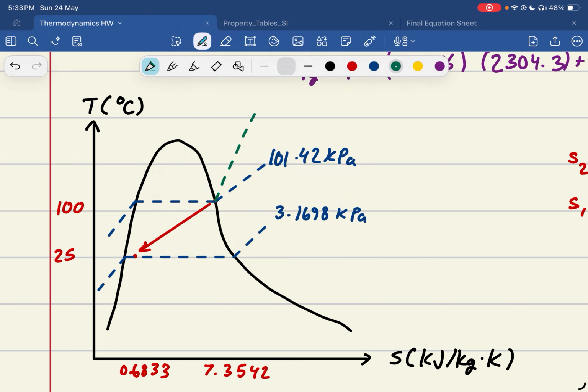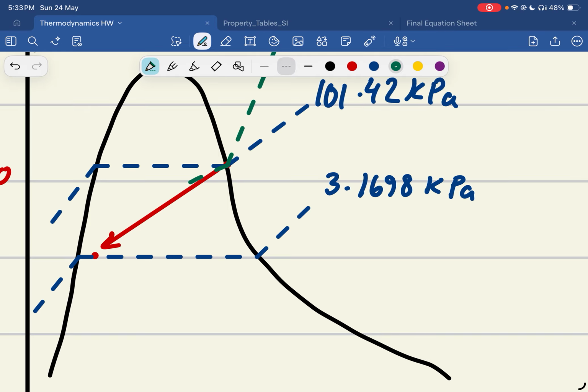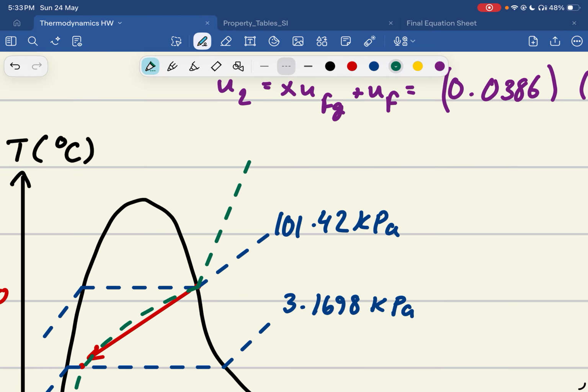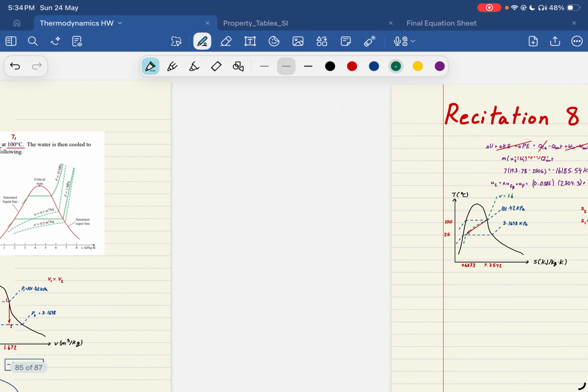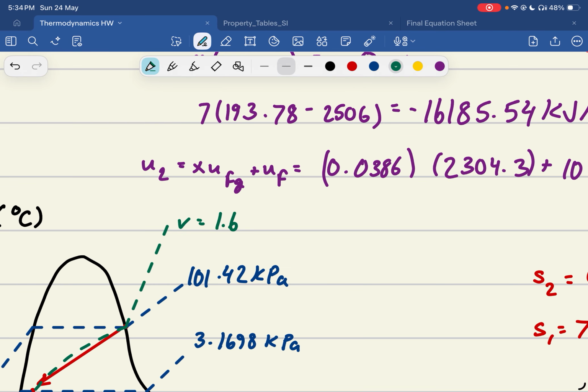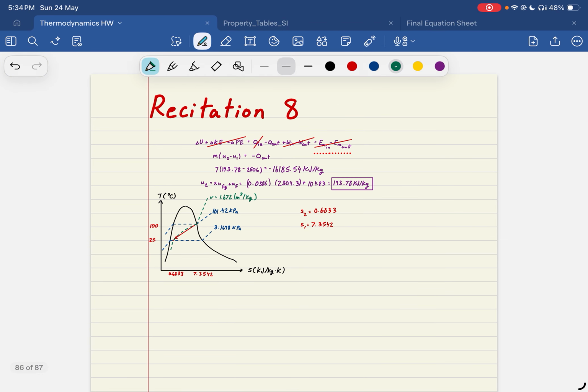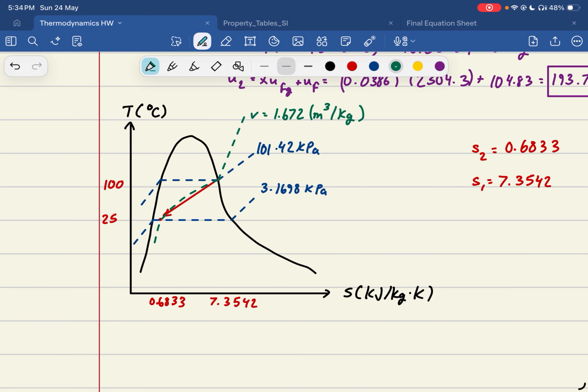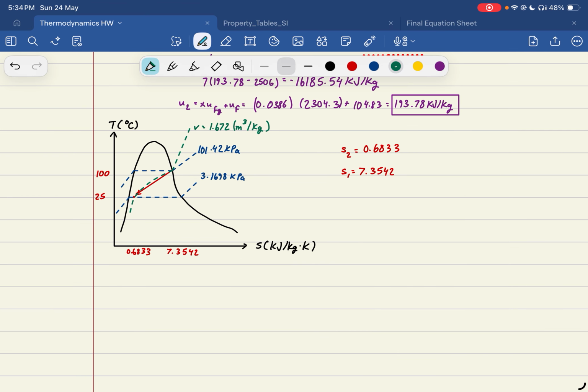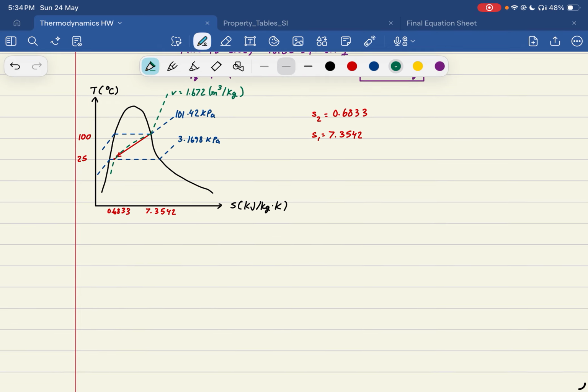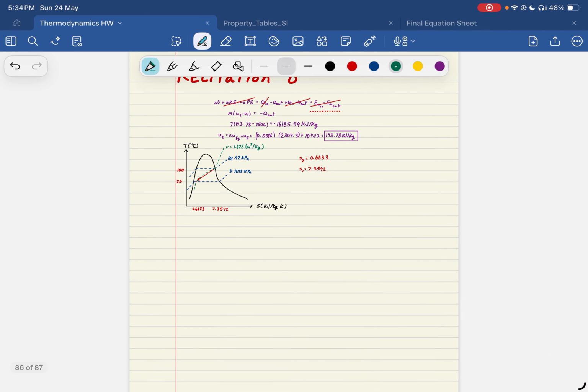They peak higher, like their slope is higher than the isobars, and then just tilt down like this. It never reaches the line, and then just say the specific volume equals 1.672, was it? Yeah, 1.672 meters cubed per kilogram. But usually you don't want to always add them because it causes clutter and it's really hard to tell. But yeah, and that's all for question one.